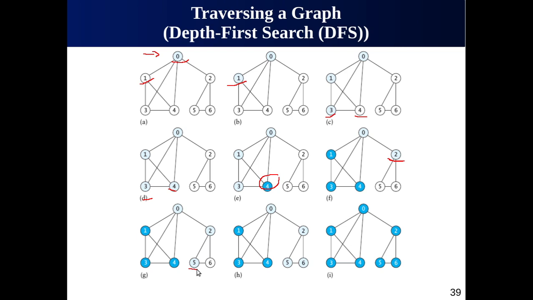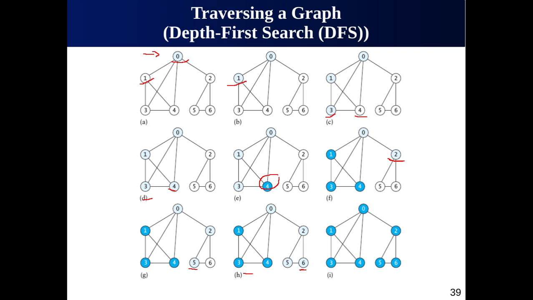and consider the vertices adjacent to it. So adjacent to 5 are 2 and 6. 2 and 6 are already visited, thus we mark 6 as finished. So here in H we mark it as finished.